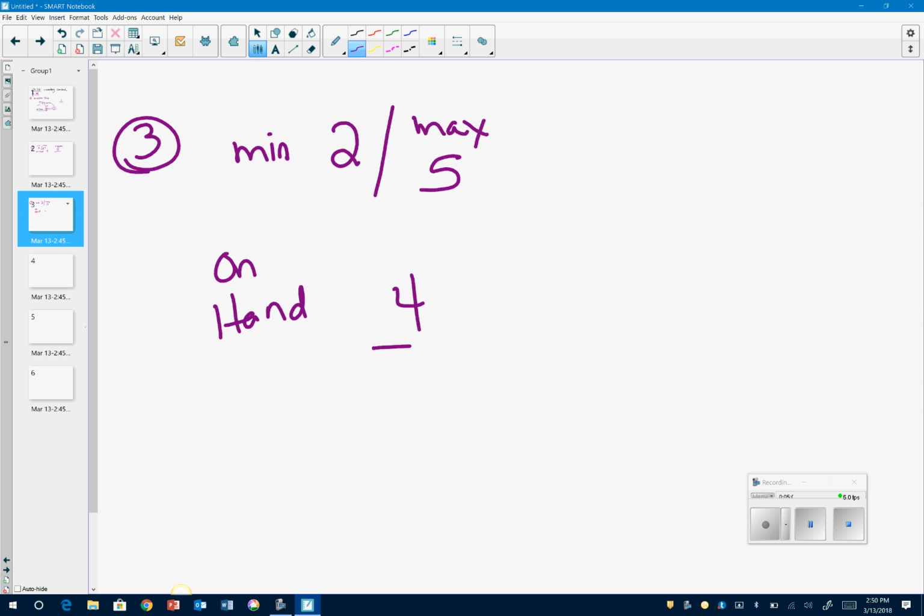So we would not need to reorder anything at all, because if you are between the minimum and the maximum number of bottles on your shelf, it's not appropriate to reorder at this time. Because 4 is between 2 and 5, you do not need to reorder anything. But if you had 2 or less, then we would reorder.